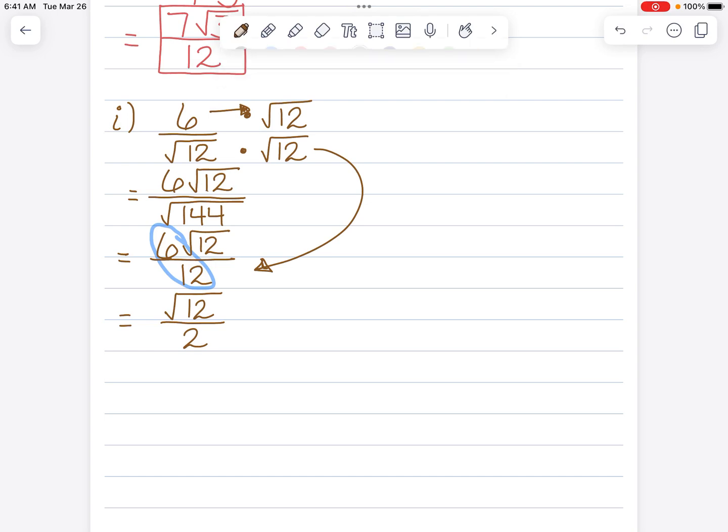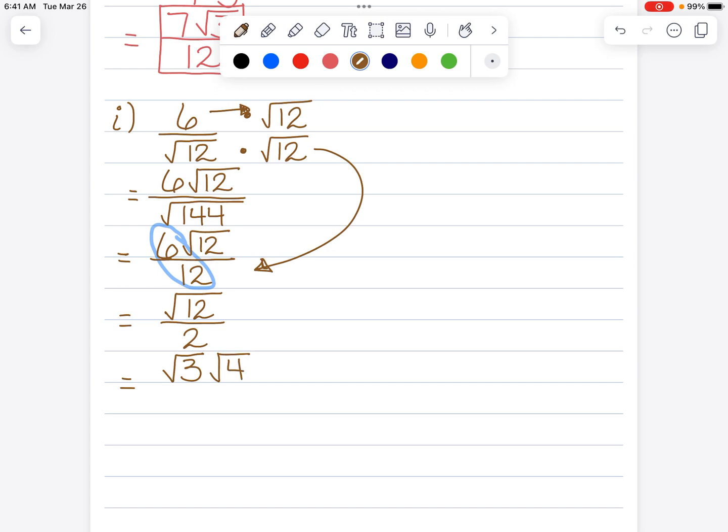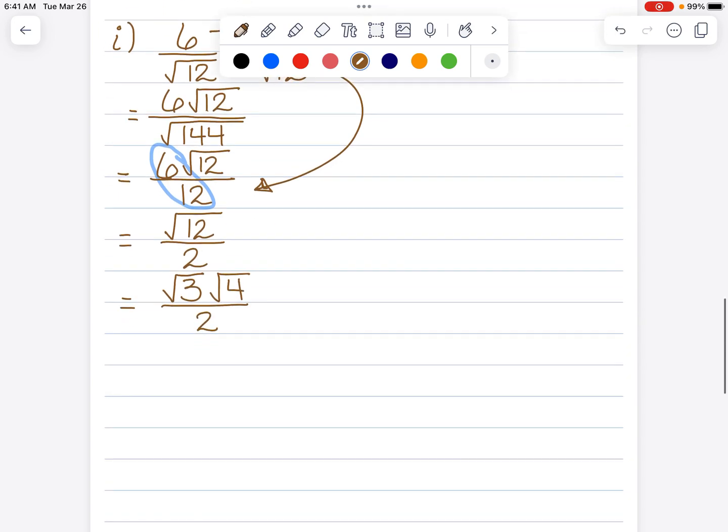Now, square root of 12, as I established earlier, does divide by a perfect square. It divides by the number 4. It's 3 times 4 specifically. Square root of 4 is 2. Now keep in mind that even though I have the square root of 4 second, technically the whole numbers always go in front of the square roots.